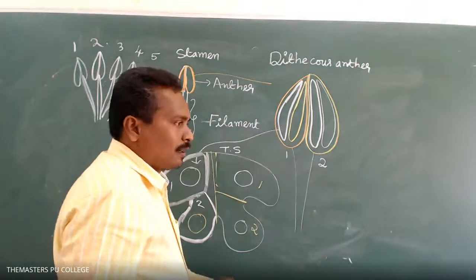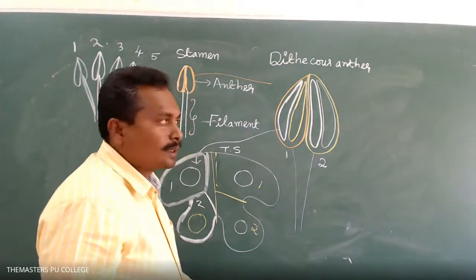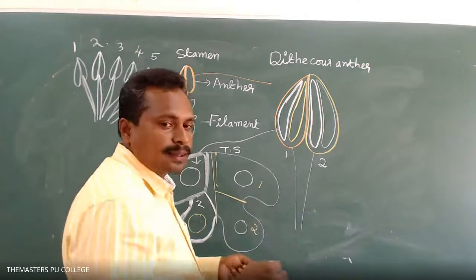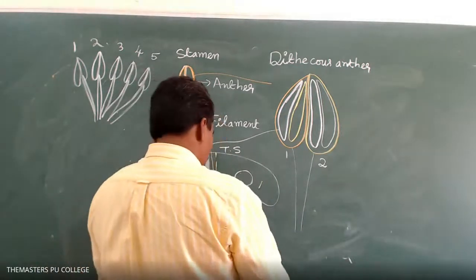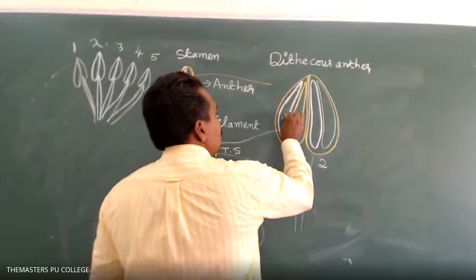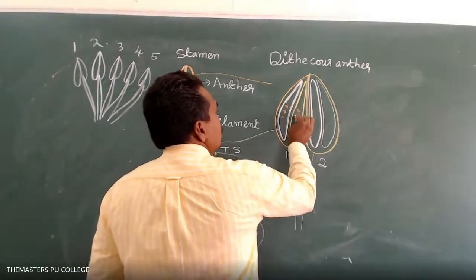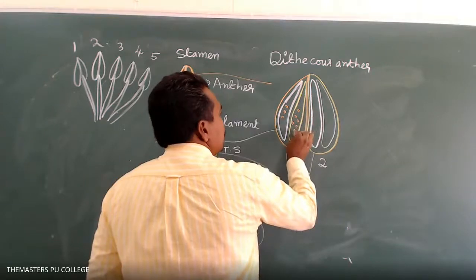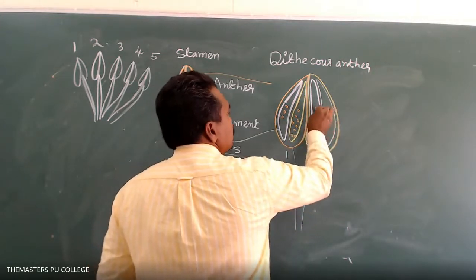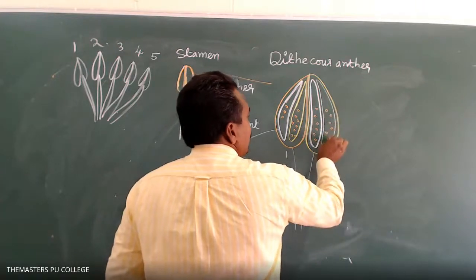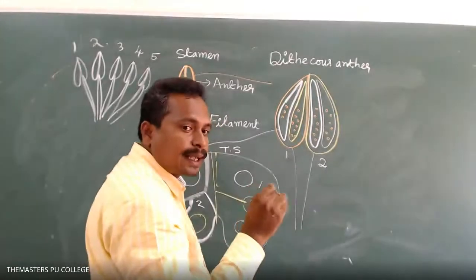These are also called pollen sacs. The pollen grains are produced in the chambers. So these chambers are also known as pollen sacs.